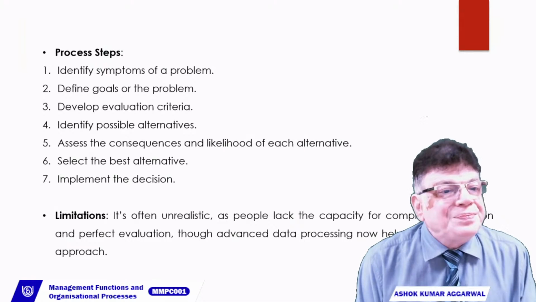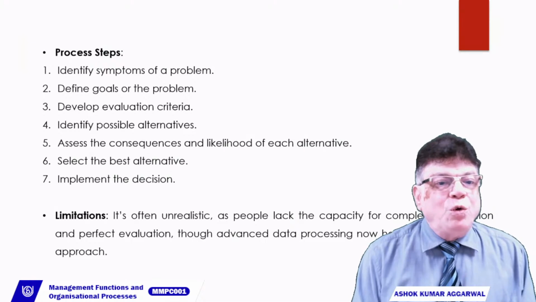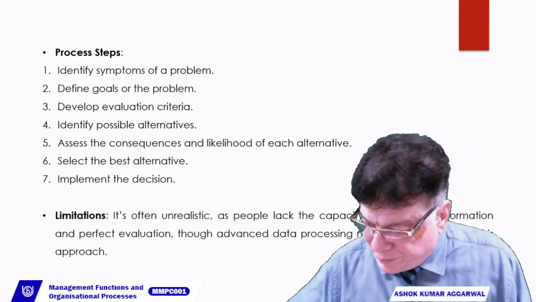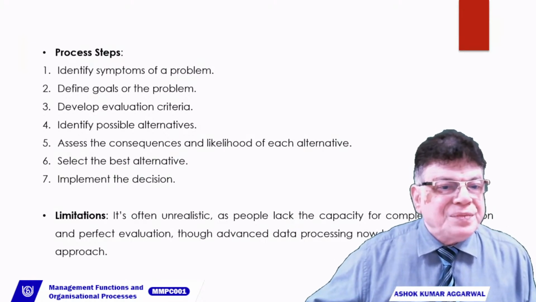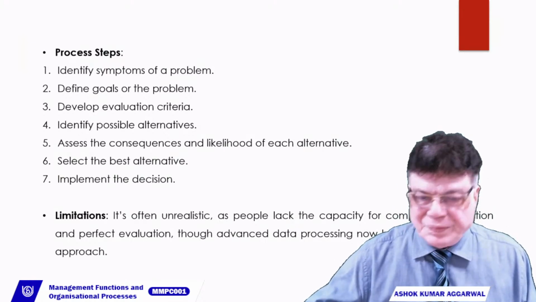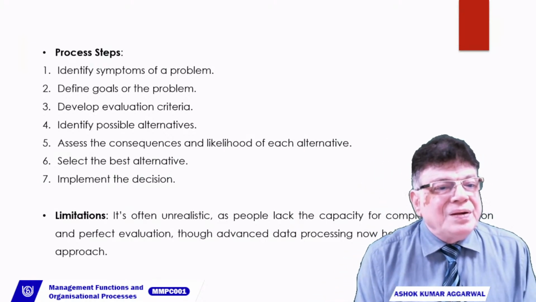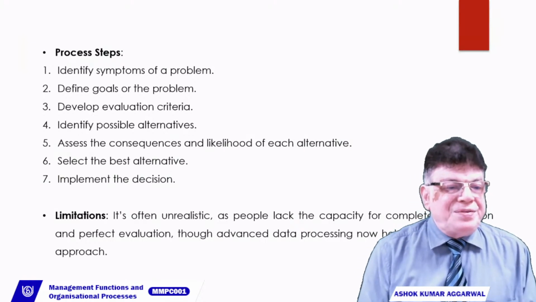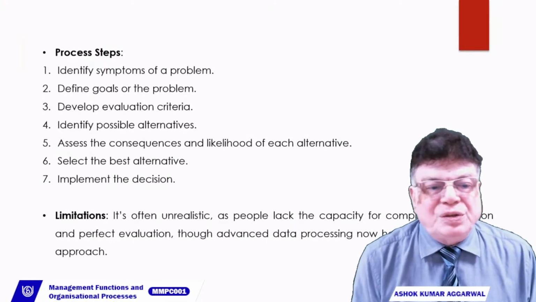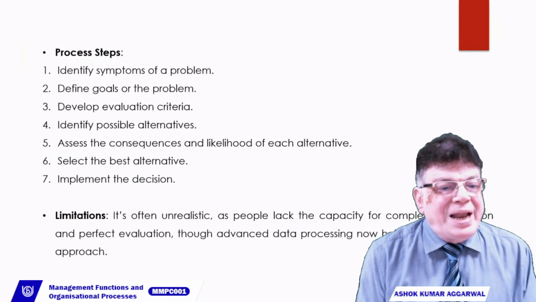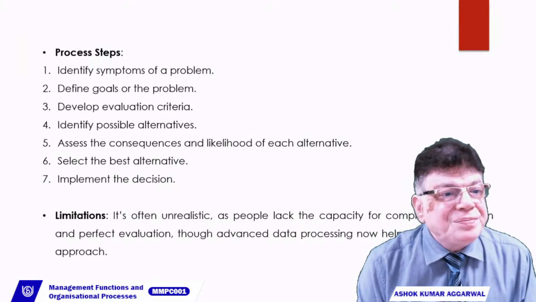Process steps: identify symptoms of a problem, define goals or the problem, develop evaluation criteria, identify possible alternatives, assess the consequences and likelihood of each alternative, select the best alternative, implement the decision.